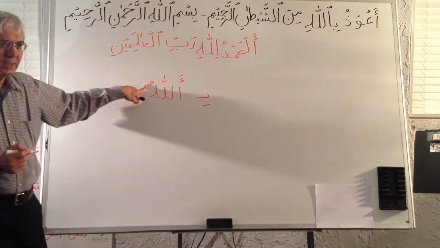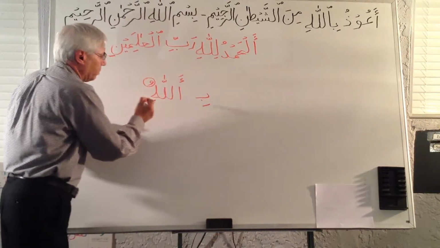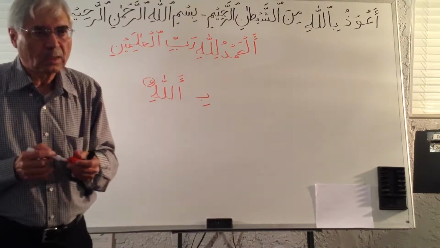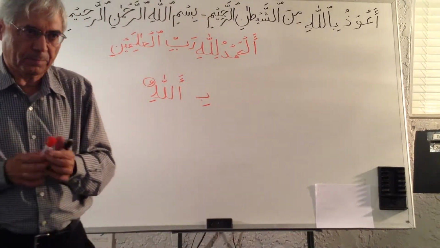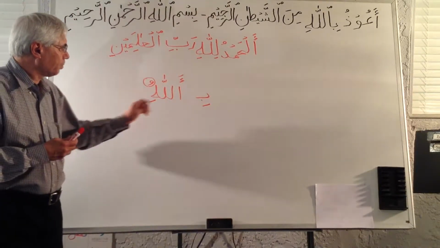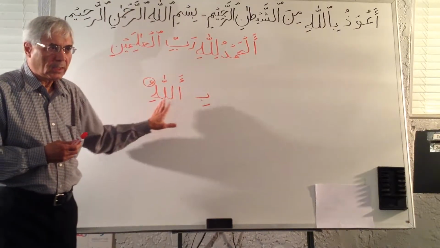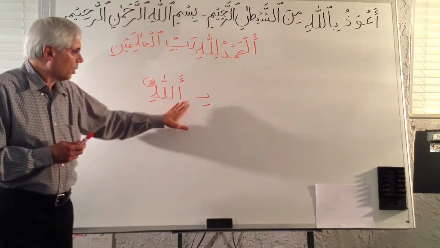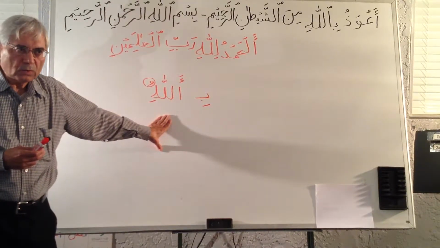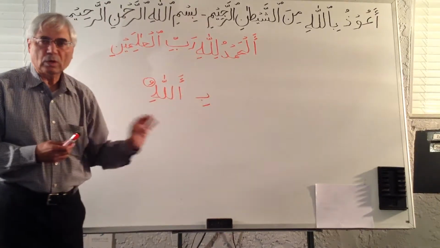Harf-jar will change this to a kasra. So this would become Billahi, with Allah. Billahi means with Allah. Also, in the pronunciation, you have Bi and Allahi. When you combine these two, you do not pronounce the alif. So you pronounce Billahi.